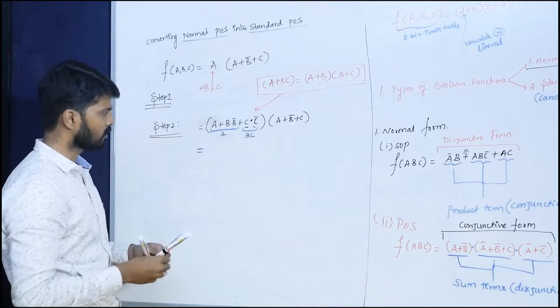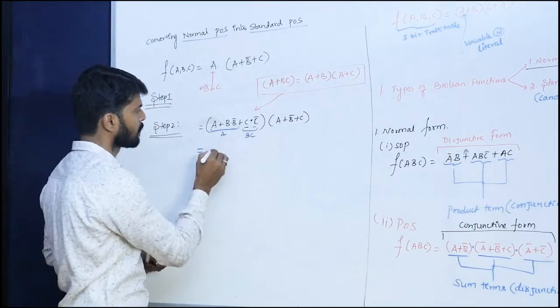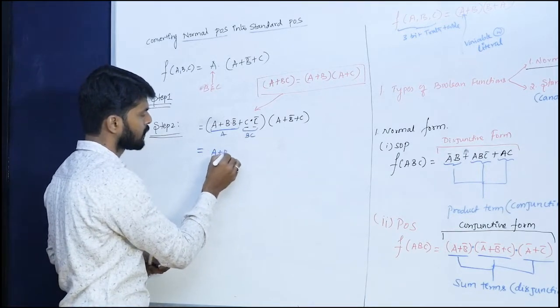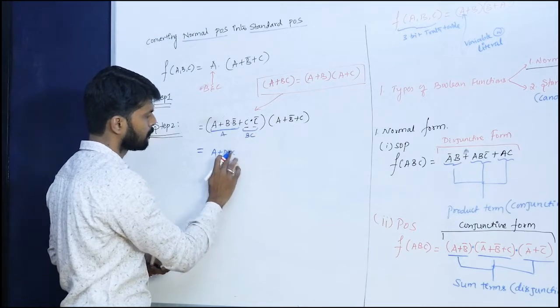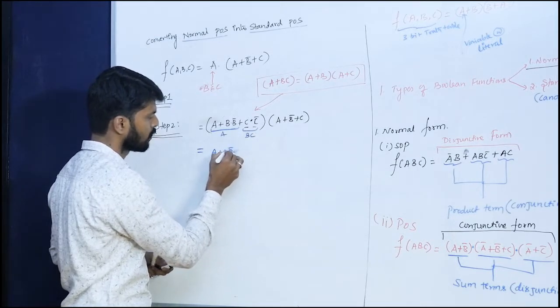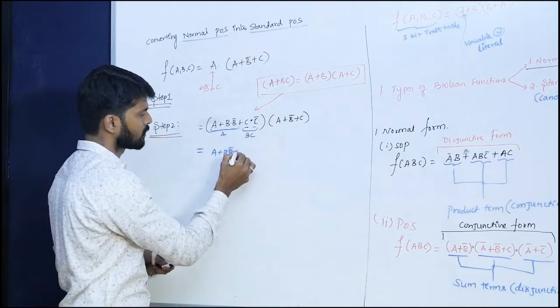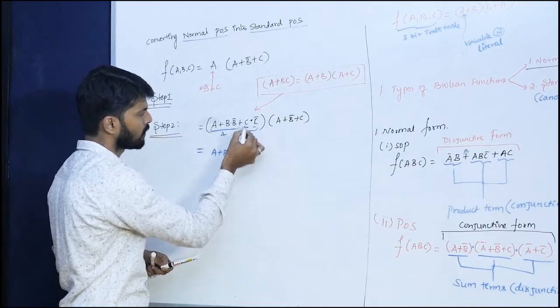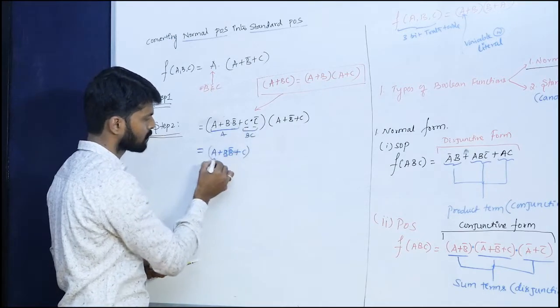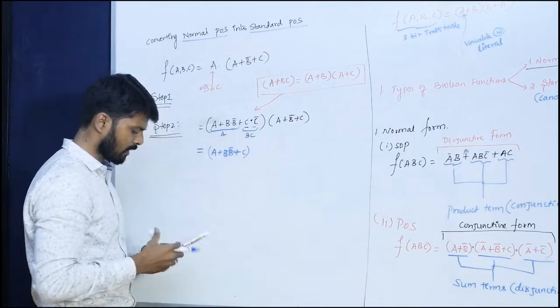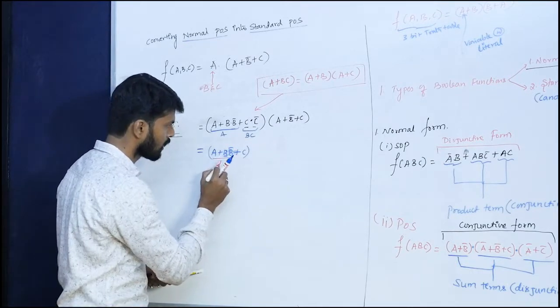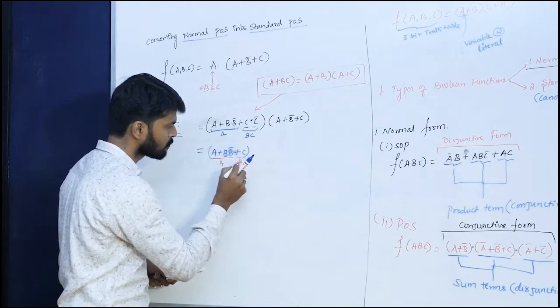So I will write this as A plus B plus B into B bar, next plus only the C term. This is A plus B. This complete indicates A and this indicates B.